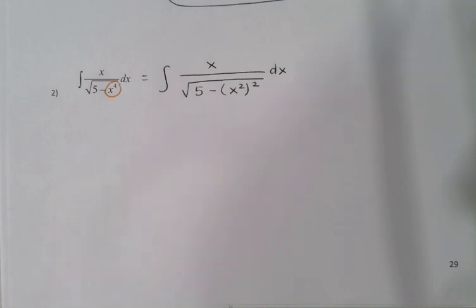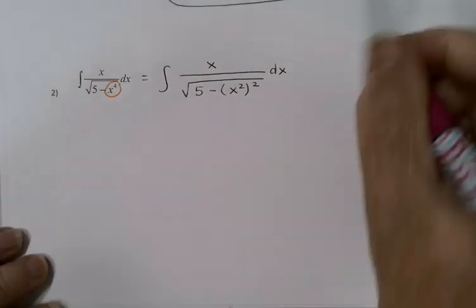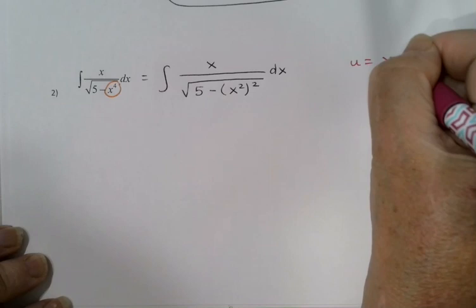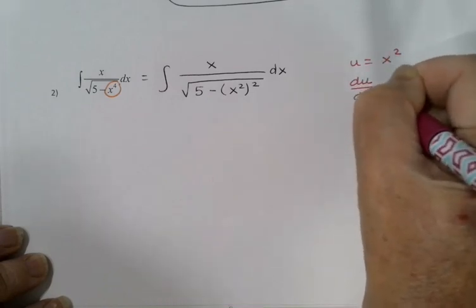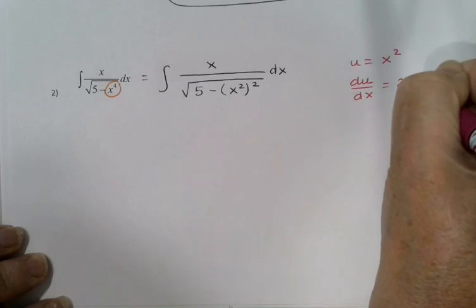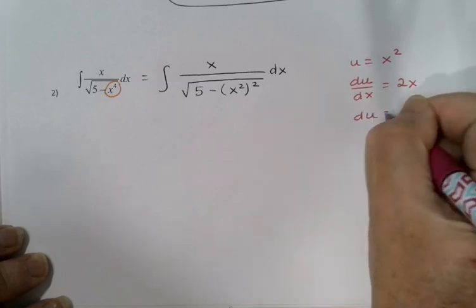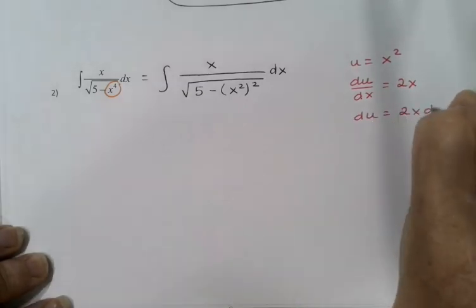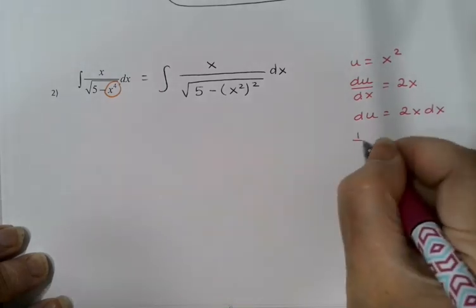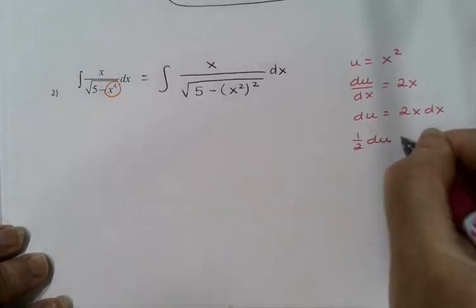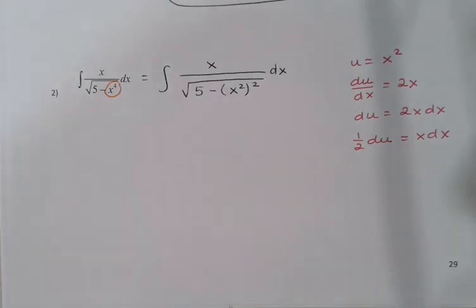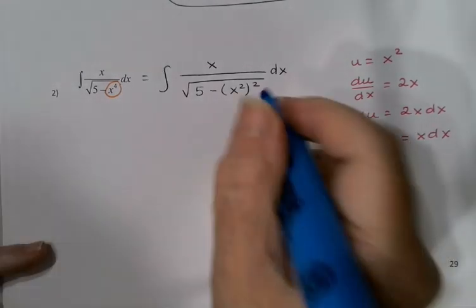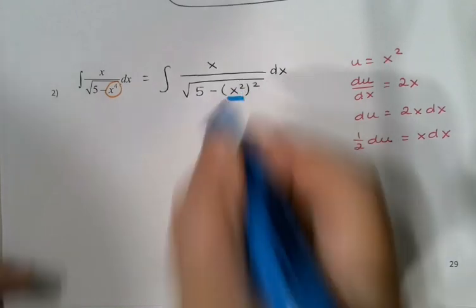So let's try it. Let's let u equal x squared. du dx would be 2x. And I get 1/2 du is equal to x dx. The u this time is just the x squared.